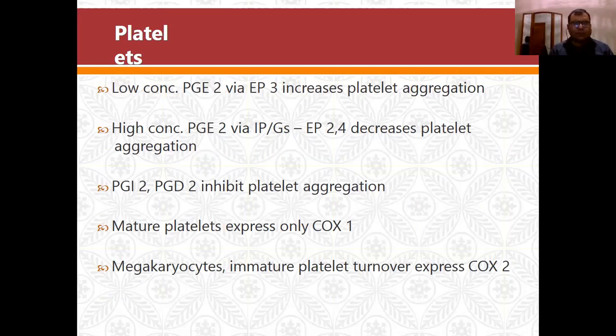Prostaglandin I2 and prostaglandin D2 inhibit platelet aggregation. Mature platelets express only COX-1. Megakaryocytes and immature platelets, in turnover, express COX-2.